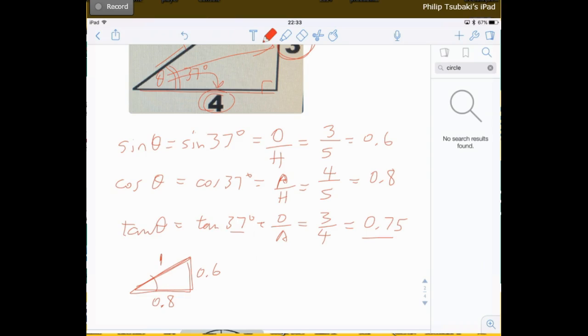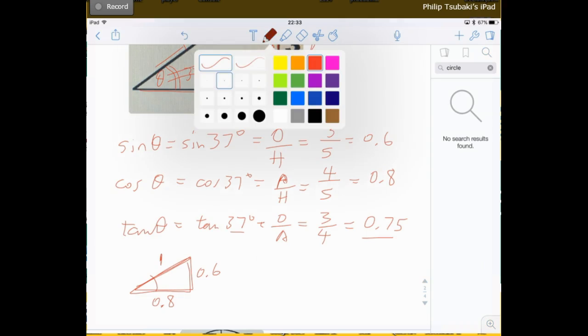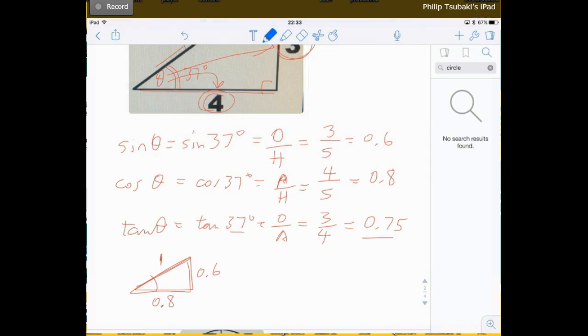Okay? Once I do this, you might recognize that this is in the same proportion as a 3, 4, 5 triangle. Do you see how they're in proportion? But what I've done is I've made the hypotenuse 1. And so I've reduced the size of the legs also.